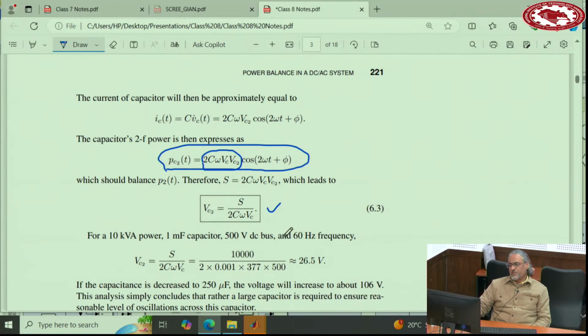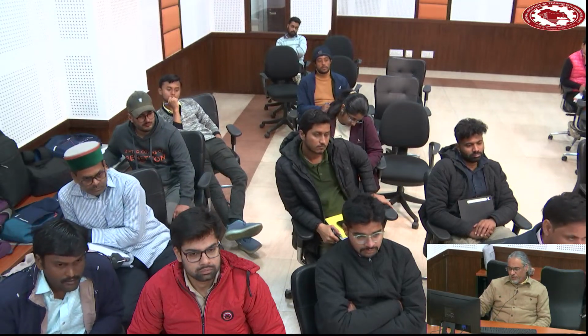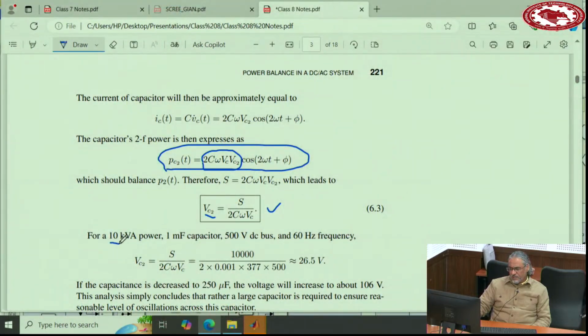What it says is that if you choose a sufficiently large capacitor, then your voltage pulsations will be sufficiently small. Otherwise, those voltage pulsations become very large. For instance, let's say for a 10 kVA power, 1 millifarad capacitor, 500 volt DC bus voltage, and 60 hertz frequency, if you calculate this, that gives you 26.5.